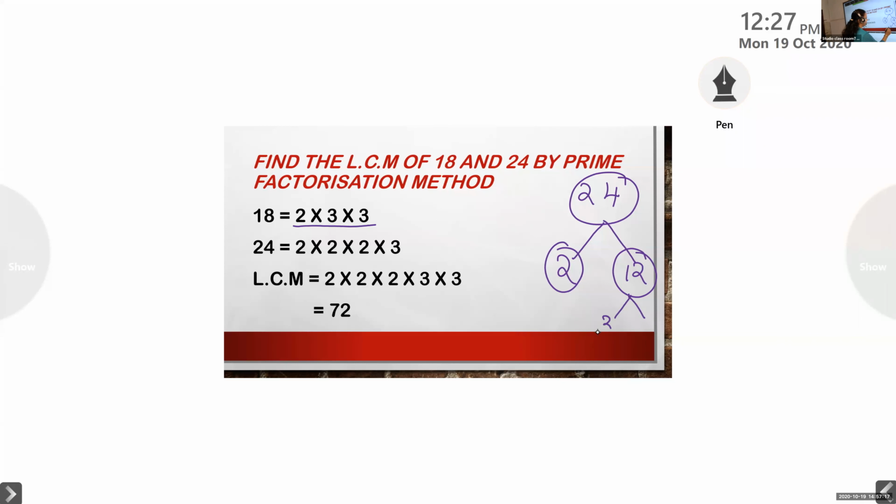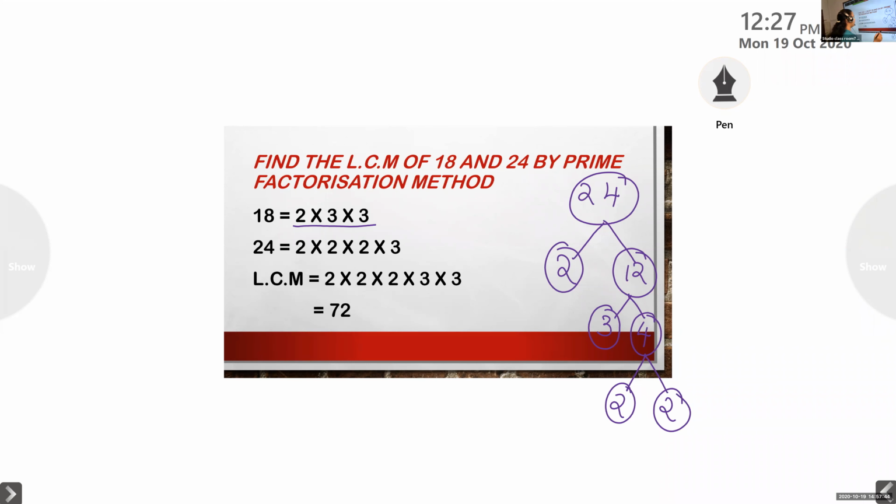I can make 3 into 4 or 2 into 6. Here, which is the composite number and which is the prime number? Prime number is 3 and composite number is 4. Very good. And this 4, how can I make it into primes? 2 into 2. Very good.